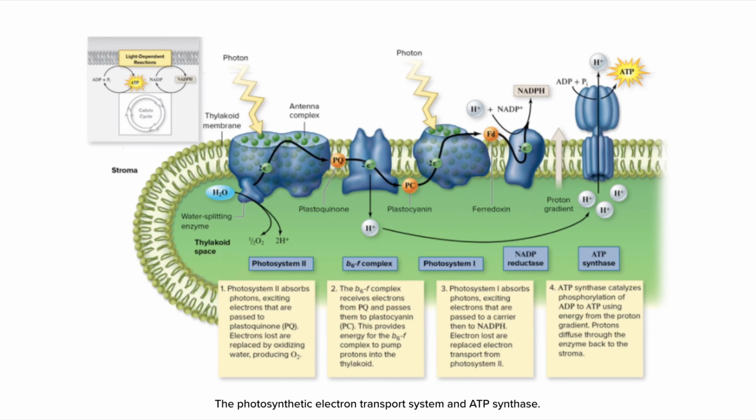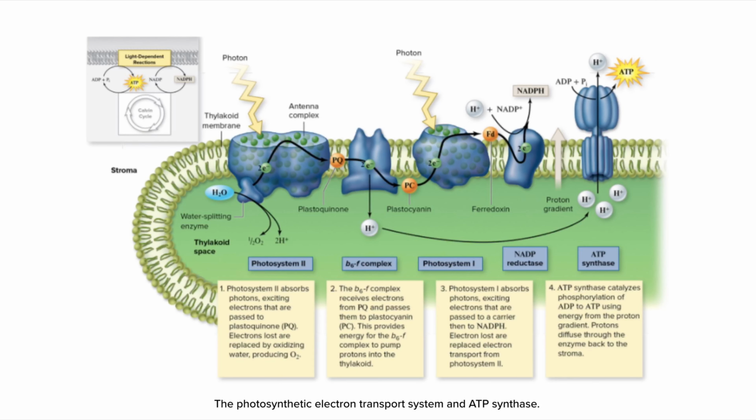So it's, what is it called? The energetic electron pair. That's what I'm looking for. The energetic electron pair causes that B6F complex to pump this extra proton into the thylakoid space, which you can see as that extra hydrogen atom at the bottom, which is creating that extra ATP molecule.